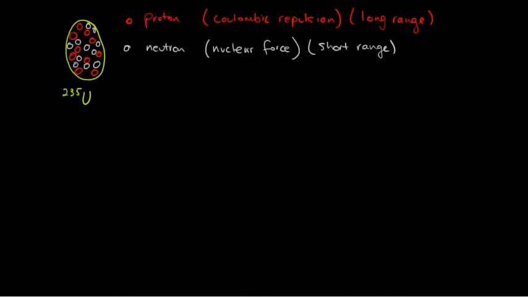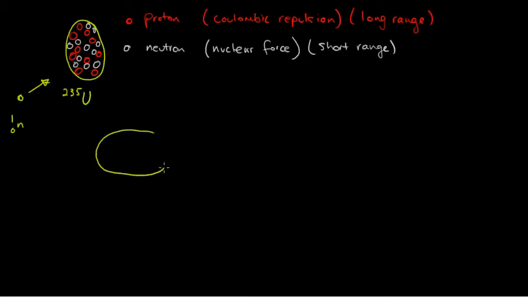If I fire a neutron, here's our neutron, into that nucleus, I disturb this balance, and also this neutron has some energy, so some of that energy goes into basically causing the nucleus to distort somewhat.